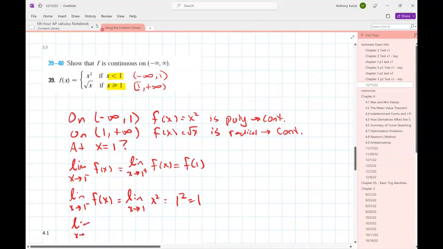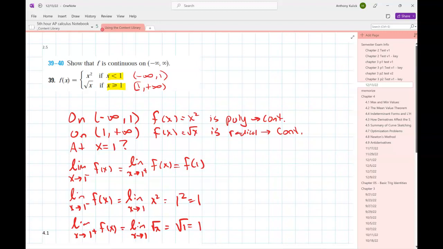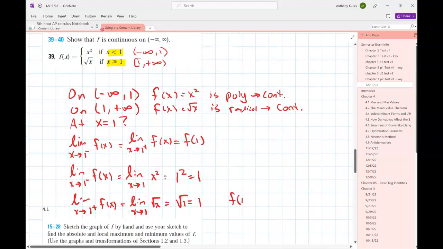The limit as x approaches 1 from the right of f of x is the limit as x approaches 1 of the square root of x, which again, continuous on its domain, so it's the square root of 1, which is 1. And then if I wanted to do f of 1, well, the rule says when x is greater than or equal to 1, I should do the square root of x, which is 1.